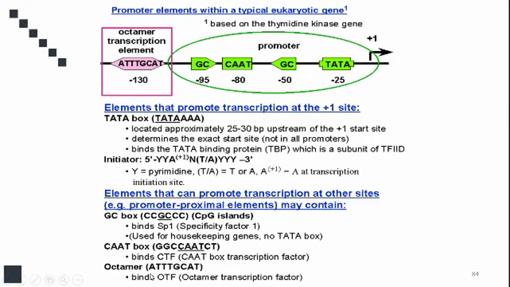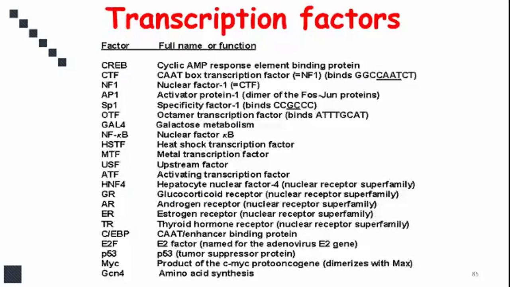And then the octamer that binds to the octamer transcription factor. While this is essentially the same as you can see in other genes, there may be variation in the location, as to the number of bases from the gene itself.